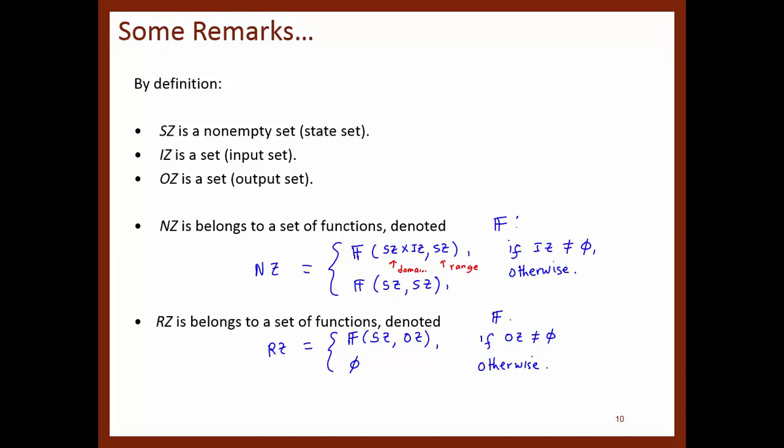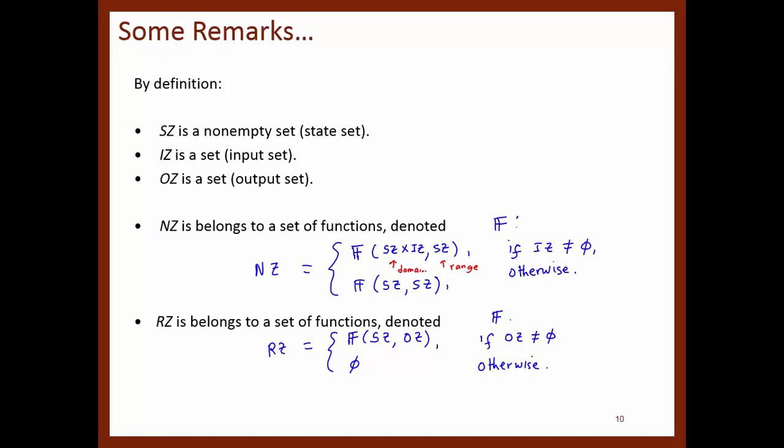So it depends on what type of input you're receiving. If your input is non-empty, meaning that you are gathering input, that state transition is going to happen, and it's going to look at this cross product of the states and the inputs, and the range, or the output, is going to be a change of state.